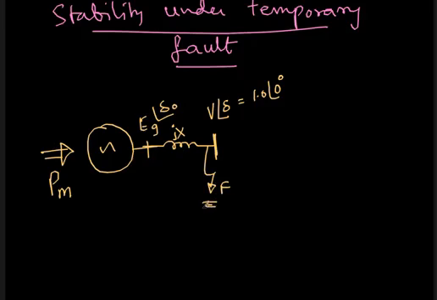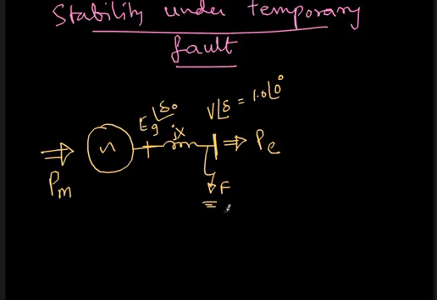So, when the fault is not happening, then some electrical power PE is entering into the grid. So PM mechanical power is entering into the machine, and here for simplicity, I have not considered electrical losses because of the resistance and so on. So PM and PE will be equal, and then the power is being transferred here.